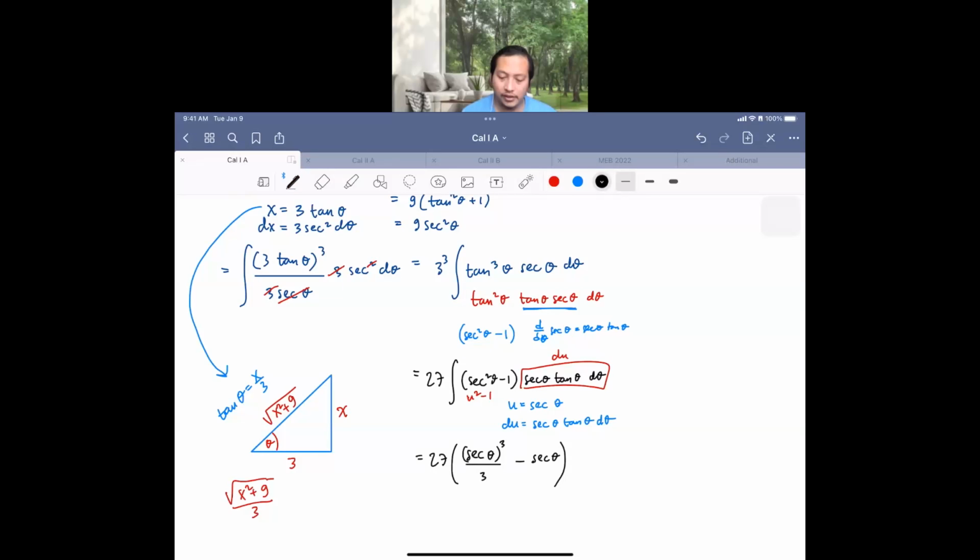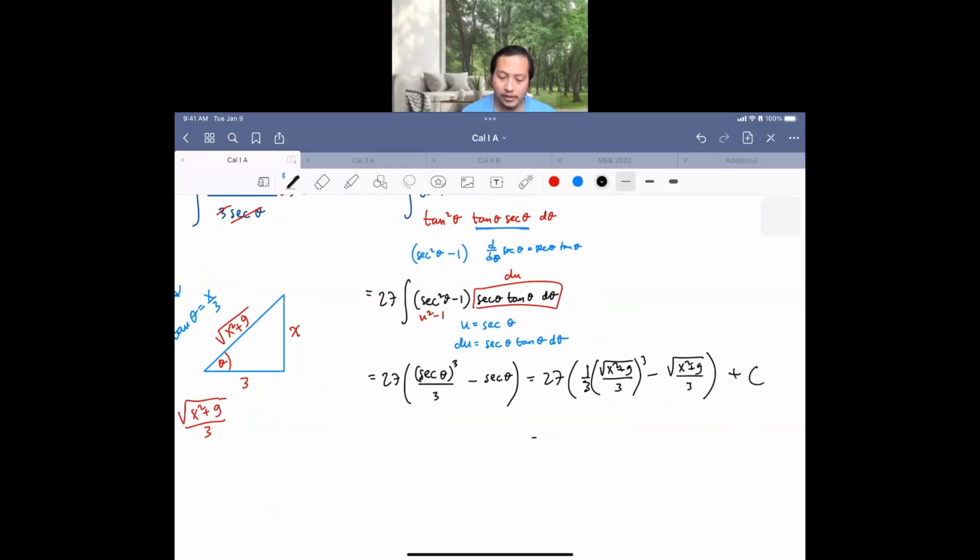So we are going to get this will be 1 over 3, and then secant theta will be square root of x squared plus 9 over 3, minus, okay, and this is plus c.